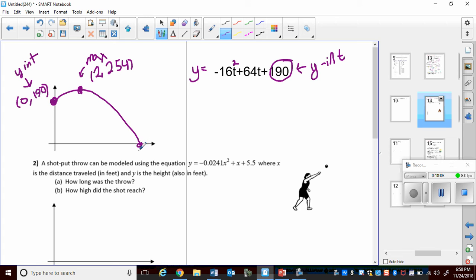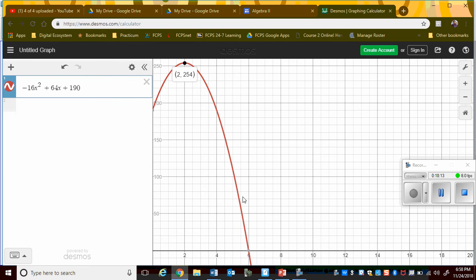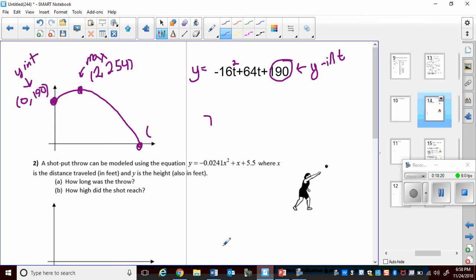There's only one, and I'm going to find it with my Desmos calculator. This x-intercept is (5.984, 0).